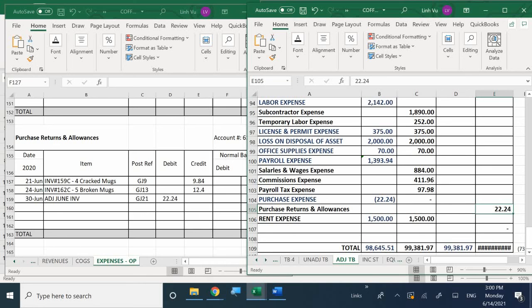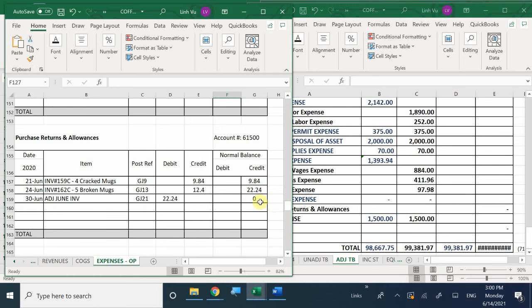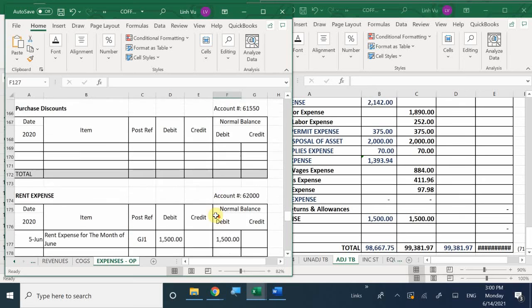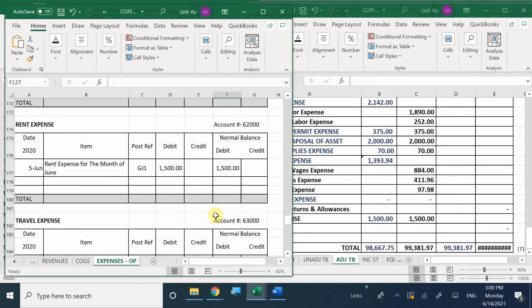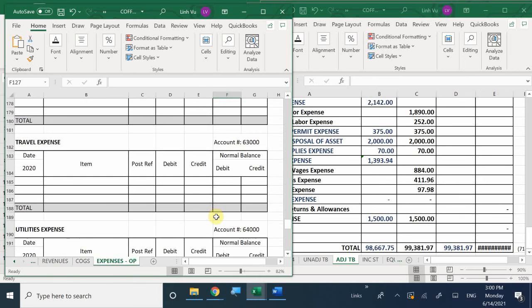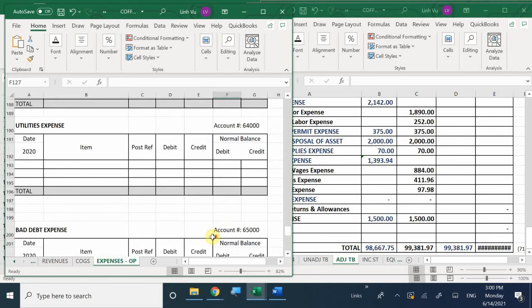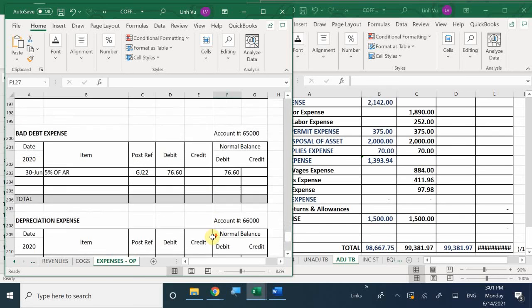It should be at 0. I guess did I not calculate it? Oh yeah, there you go, it's 0. Rent expense is the same. We did not have any travel expenses or utilities expense.